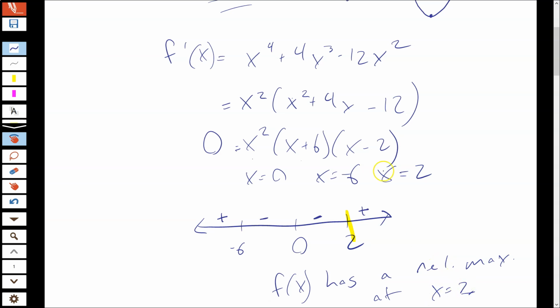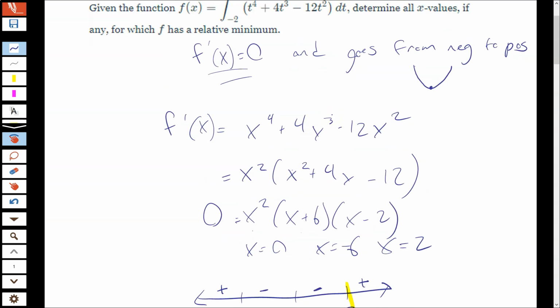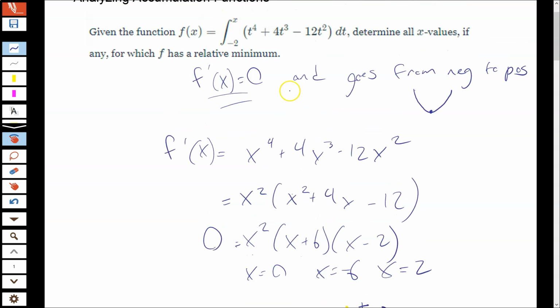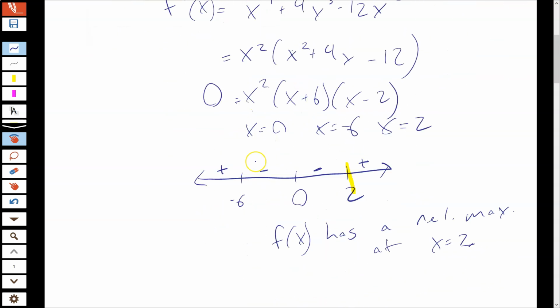That's it. Because most of you already mastered this previous work, adding in this work with these accumulation functions should be pretty easy. I'm going to give you a review of what you're looking for to find a max, a min, concave up, concave down, and all that, and then you'll be good to go.